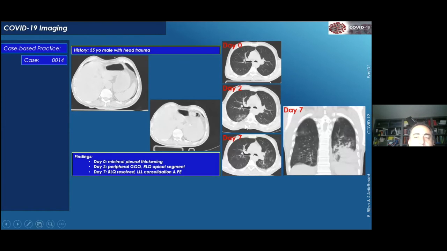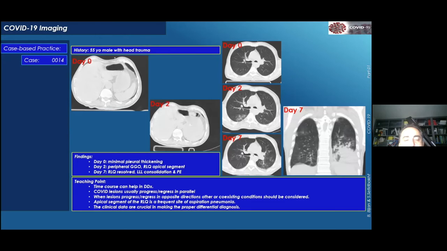So in this case, what you can do is a short interval follow-up. Sometimes contusions go away. Sometimes in association with contusion, you can see broken ribs, you can see subcutaneous tissue inflammation, those kinds of things, and be able to make the diagnosis of fibrosis versus the differential diagnosis of GGO versus lung contusion.